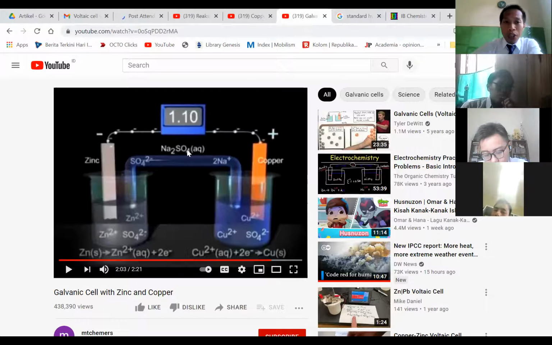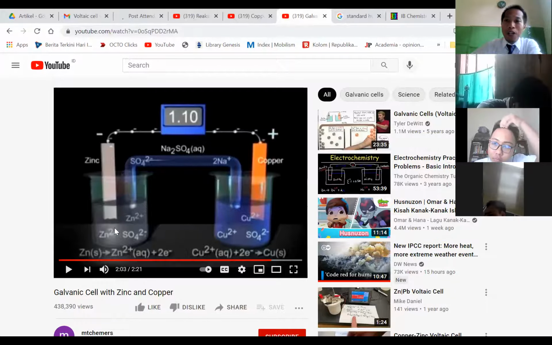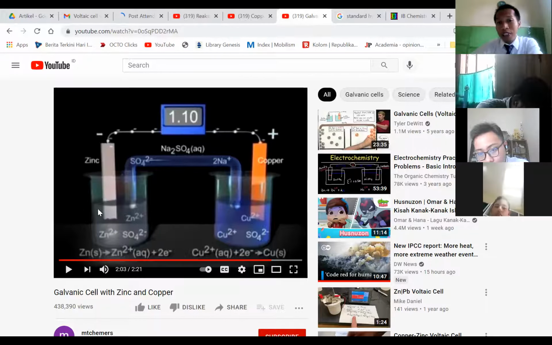So at one point, the right compartment becomes more negative, because more electrons are there. But the left compartment becomes less negative, because the electrons are moving from the left compartment to the right compartment. So the right compartment will become more negative, and the left compartment less negative.